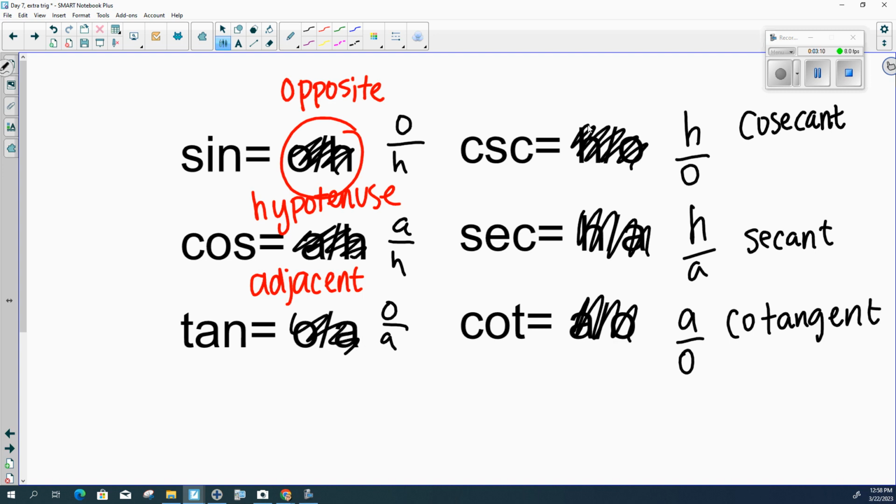Sorry, I'm carrying way too much stuff. So cosecant is the opposite of this one. Secant and cotangent. All right, now I won't have to keep referencing back to stuff.